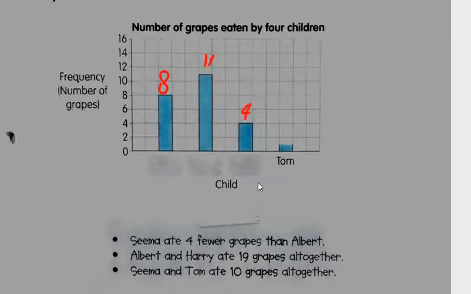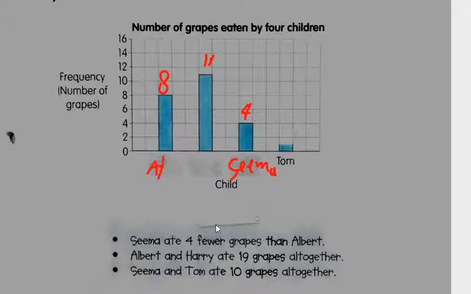Right, Sima ate 4 fewer grapes than Albert. So 8 is not 4 fewer, right? 4 less than 11. What is 4 less? 4 is 4 less than 8. So Sima ate 4 fewer grapes. So it must be Sima. And this one is Albert.